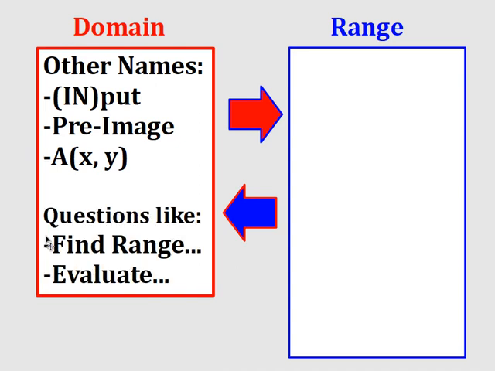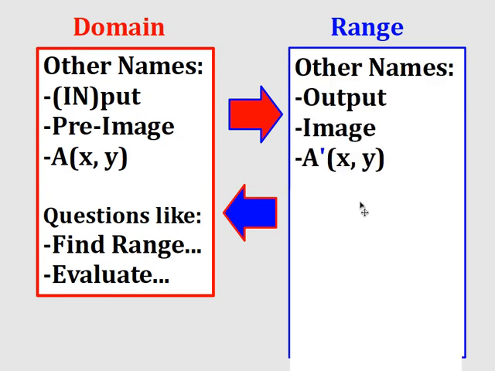Some questions might be like, find the range given the pre-image triangle ABC. Find the range given points A, X, Y, Z. It might also say things like evaluate a given function given either the pre-image, the point, the domain. It might name all of those things.